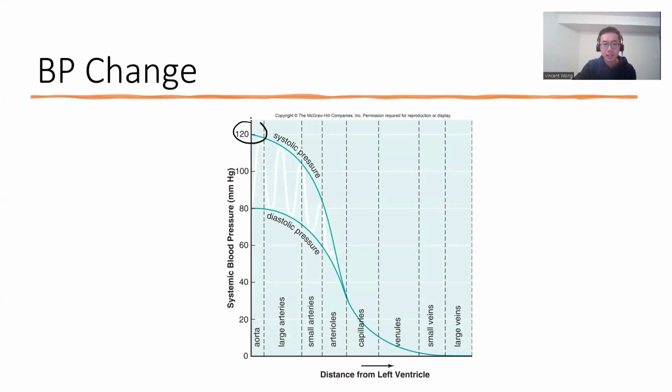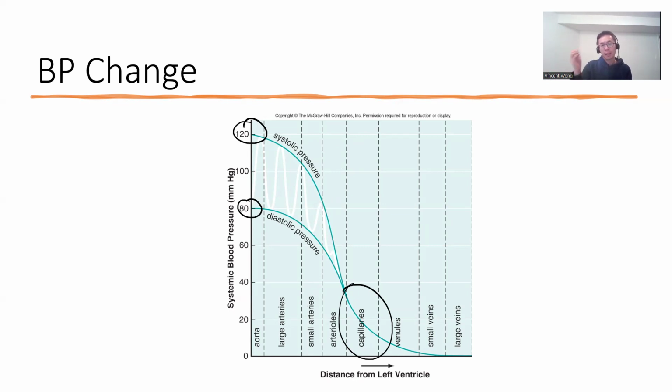Right? We have the higher systolic pressure and the lower diastolic pressure. But that fluctuation kind of diminishes as we move further away from the heart. And in fact, by the time you get to the capillary, the blood pressure is the same, regardless of whether the heart is contracting or relaxing.